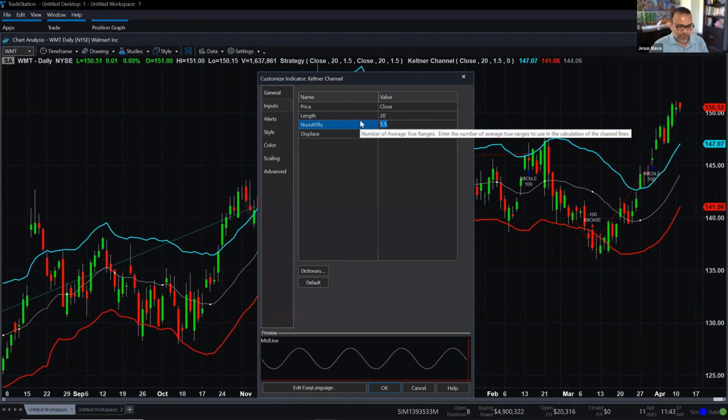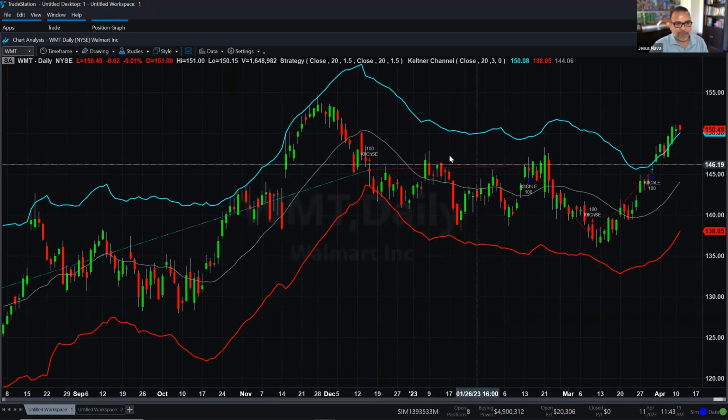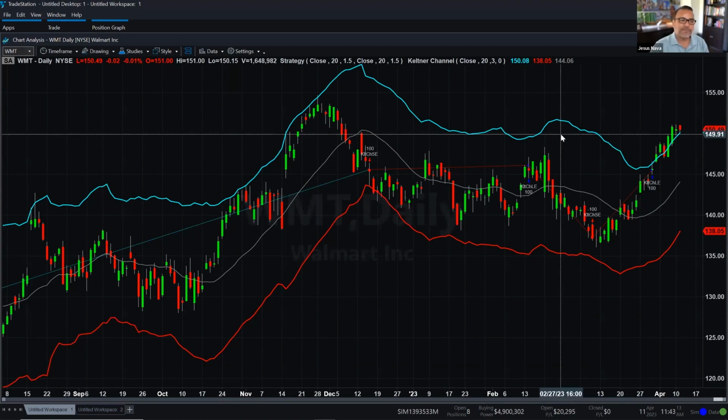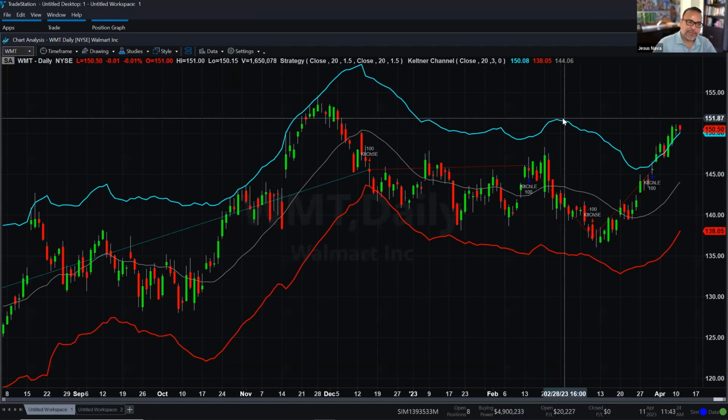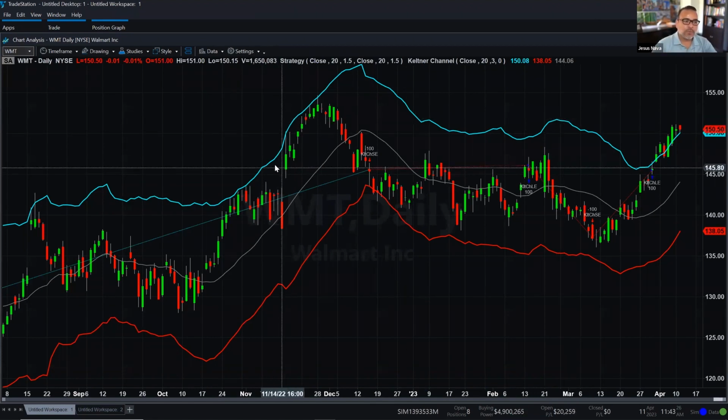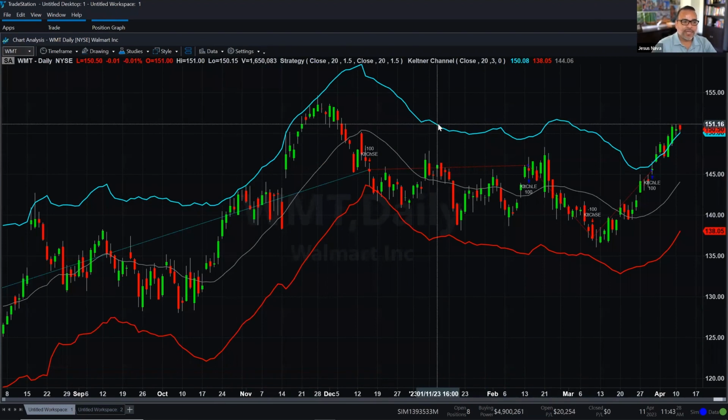If I use 3 ATRs instead of 1.5, you can see how the bands are going to expand a little bit more, and very rarely do you see a breakout. So that factor does have a direct impact on the calculation of the Keltner channel by giving you wider channels and more sporadic breakouts.